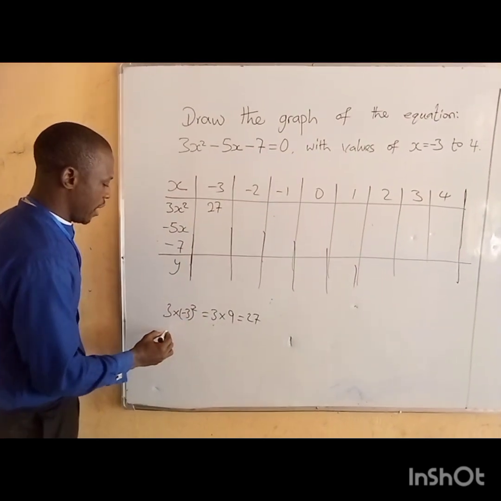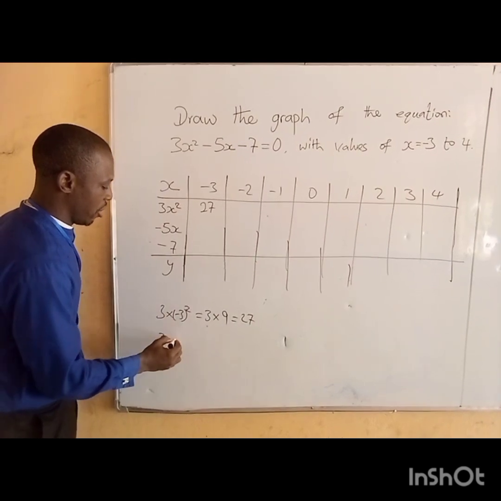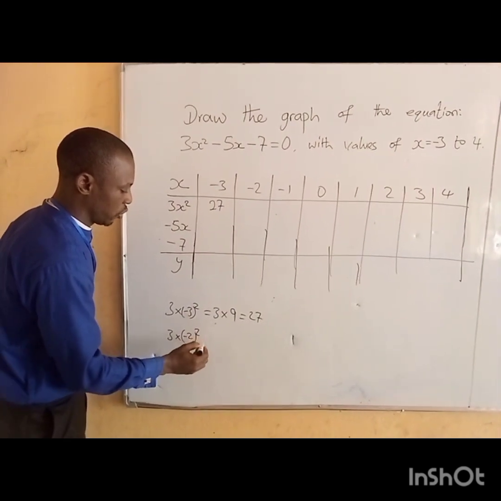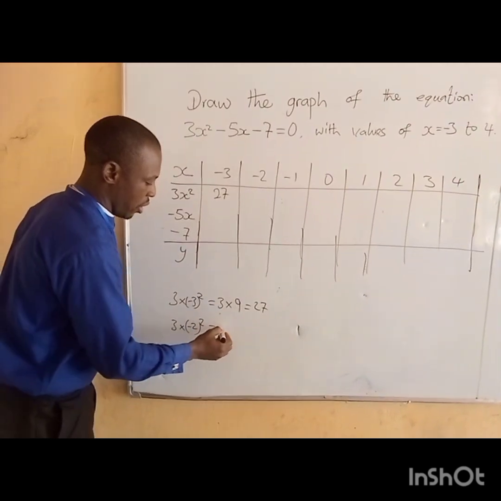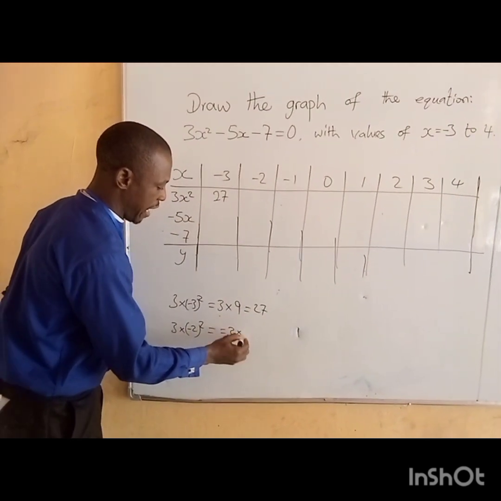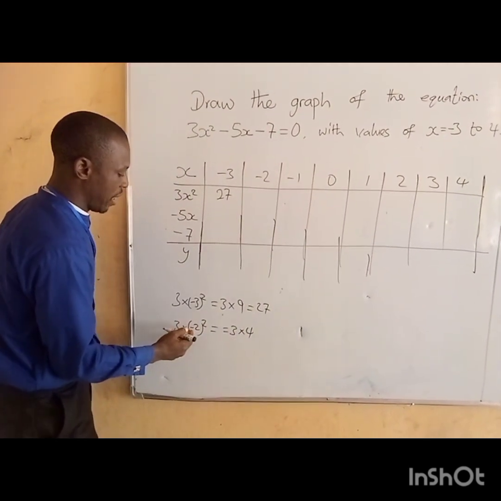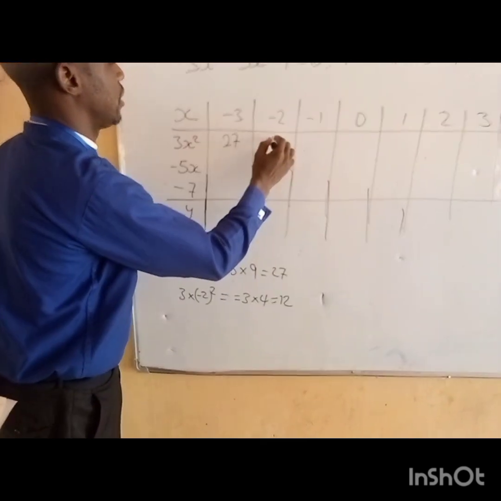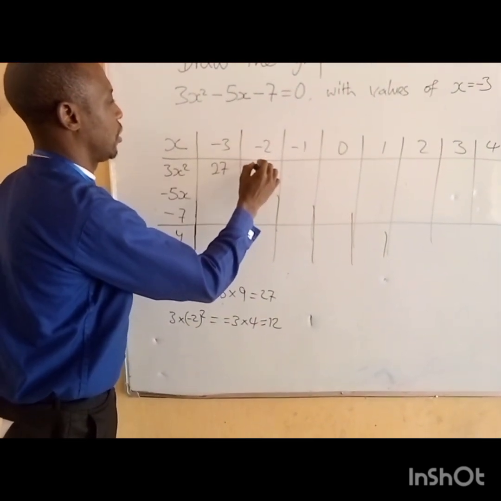And then when we also replace the value of x, when x is -2, you get 3 times 4, because the square of -2 is 4, and this gives you 12. So this value here becomes 12.